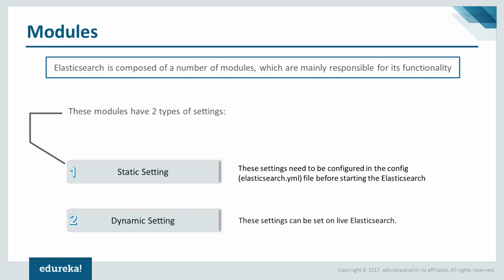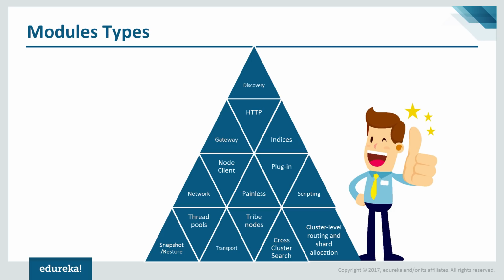The static settings need to be configured in the YML configuration file before starting Elasticsearch. Certain modules which are there by default are basically dynamic modules. But if certain modules have to be mentioned in the configuration file, that means the elasticsearch.yml file, those are categorized as static modules. So these are the module types which we have.